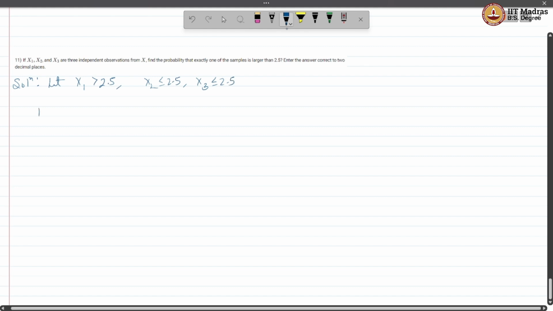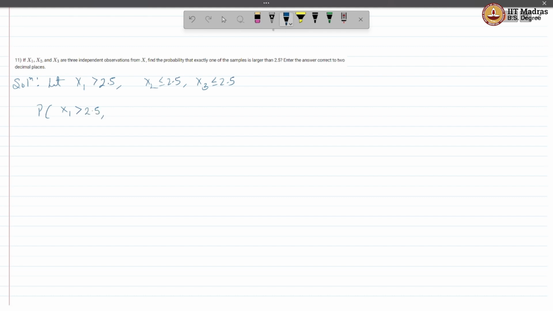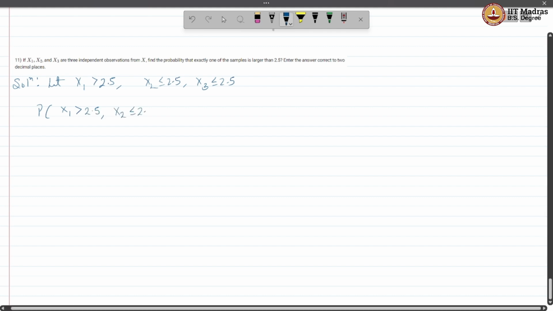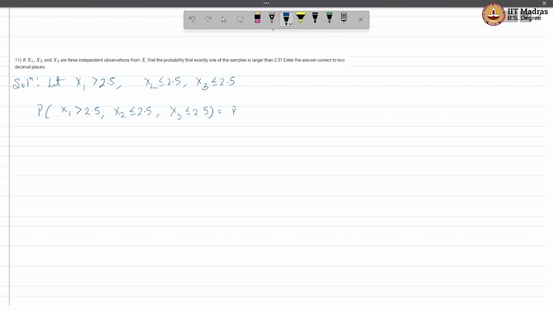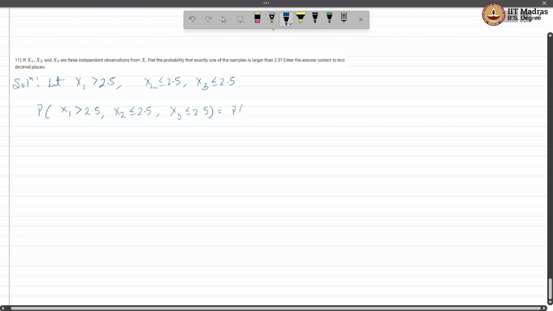In that case, the probability that x1 is greater than 2.5 and x2 is less than or equal to 2.5 and x3 is less than or equal to 2.5 will be equal to the product of the marginals, as all three random variables are independent. So this will be the probability that x1 is greater than 2.5 times the probability that x2 is less than or equal to 2.5 times the probability that x3 is less than or equal to 2.5.